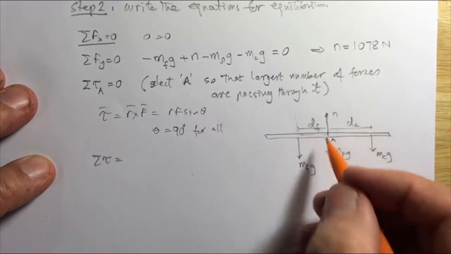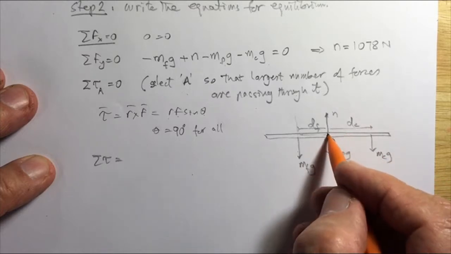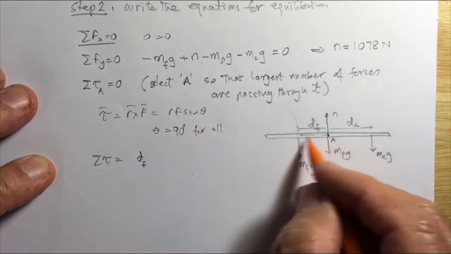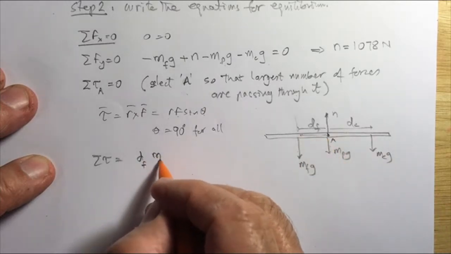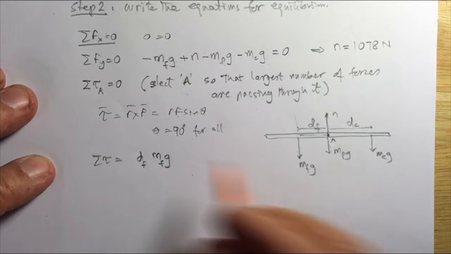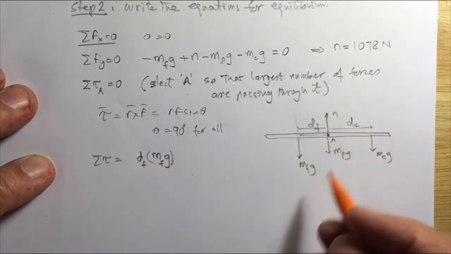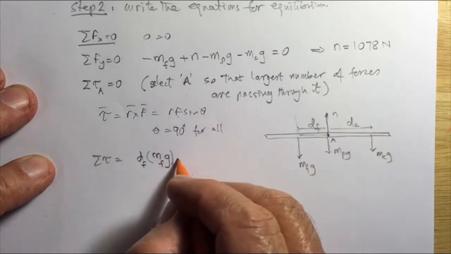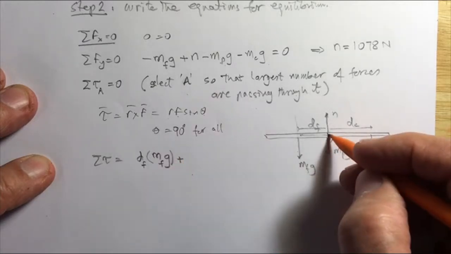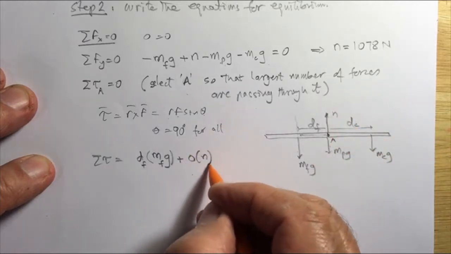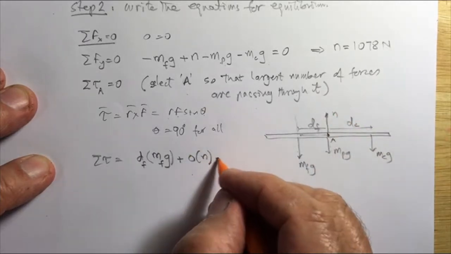Okay, that's the axis. All distances are measured from the axis. So this is the distance, d father, times m father g. This becomes the torque due to the father. The next torque is due to the normal force. The distance between the axis and the normal force is 0, so it gives 0 torque.